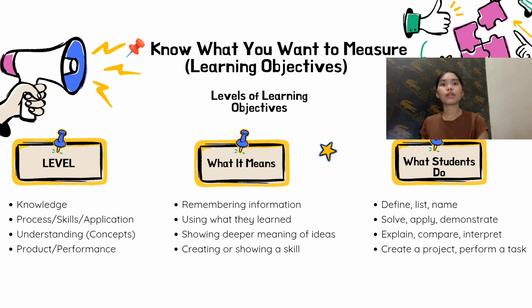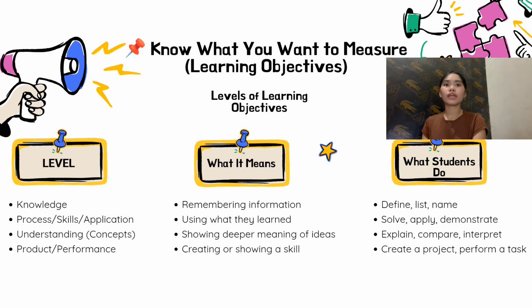For example, dito na pumapasok yung pagsosolve ng problem, applying their past experience, and pagde-demonstrate kung paano nga ba isolve yung isang bagay na ganito. And the third one is the understanding or the concept. What it means is showing deeper meaning or ideas.